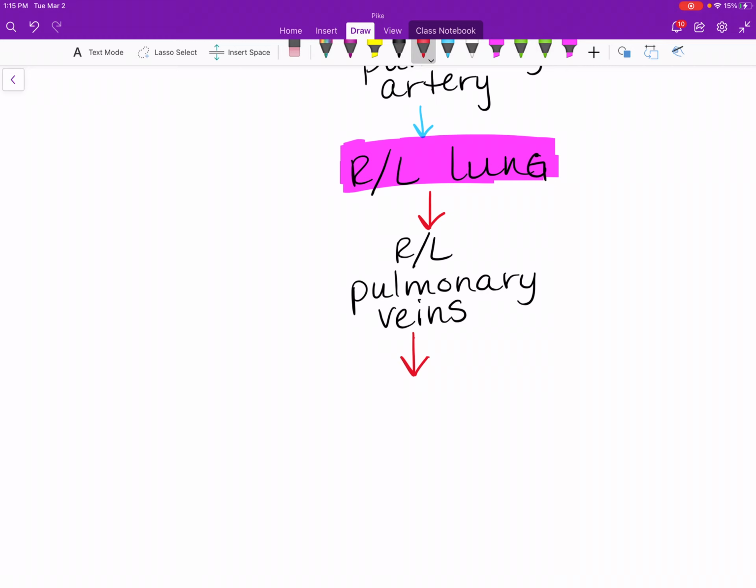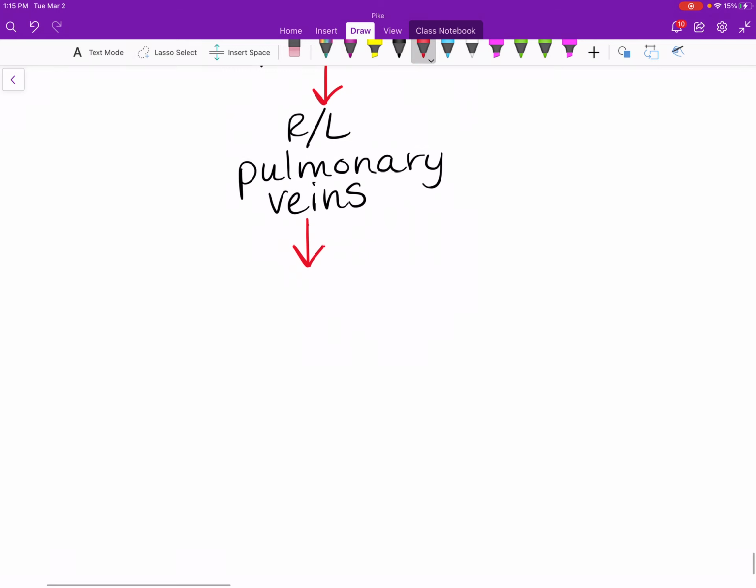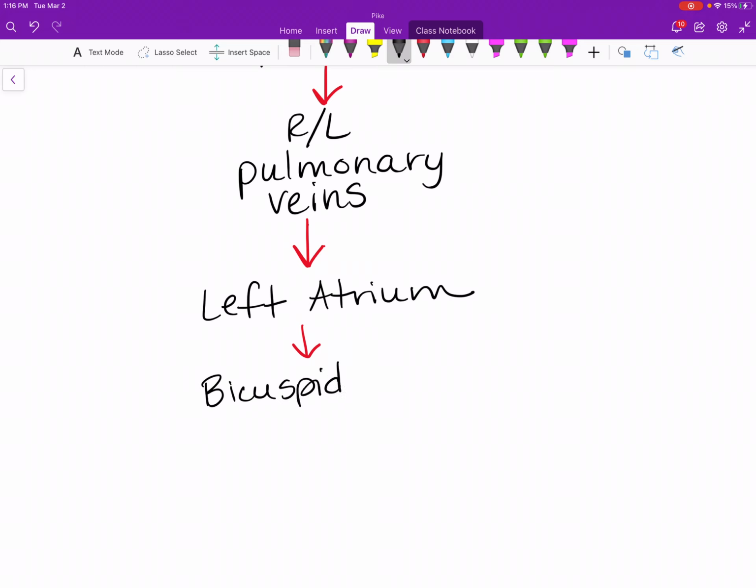To re-enter the heart, so that it can enter FedEx into the hub, to get signed in again, to get shipped out to its correct location, we are going to enter on the left side of the heart. So we're coming into the left atrium. Still oxygenated. We're going to go through the bicuspid valve, down to the left ventricle.